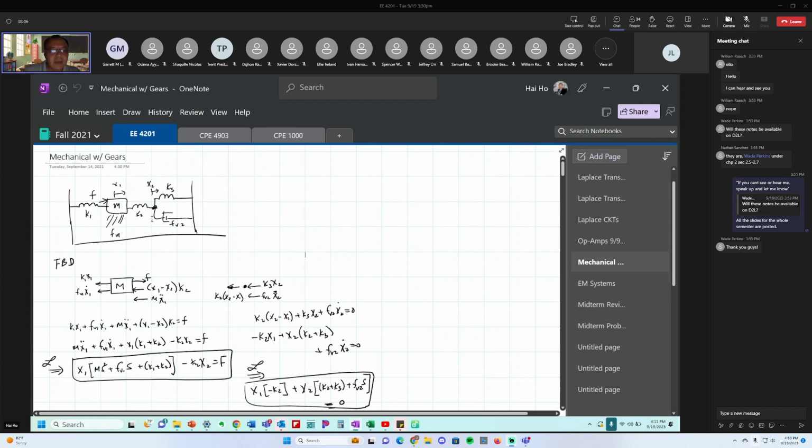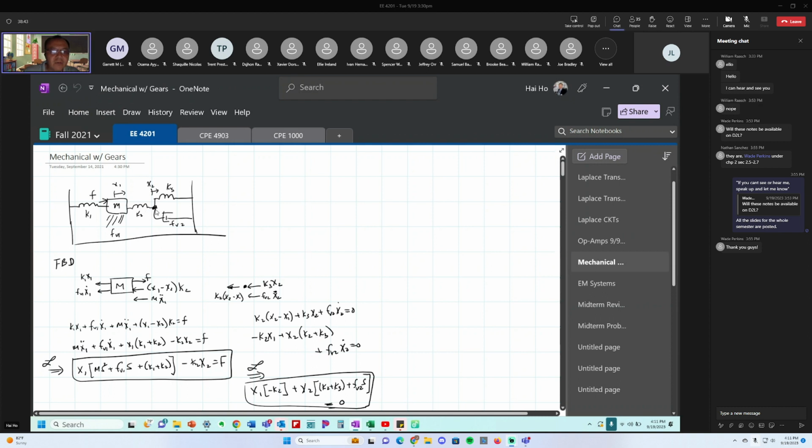So you see, this spring here, K2, using the same logic that we did to come up with this, think of this here. Imagine that x2 minus x1 is a positive number. That means x2 moves more than x1, which means that this spring is going to be stretched.